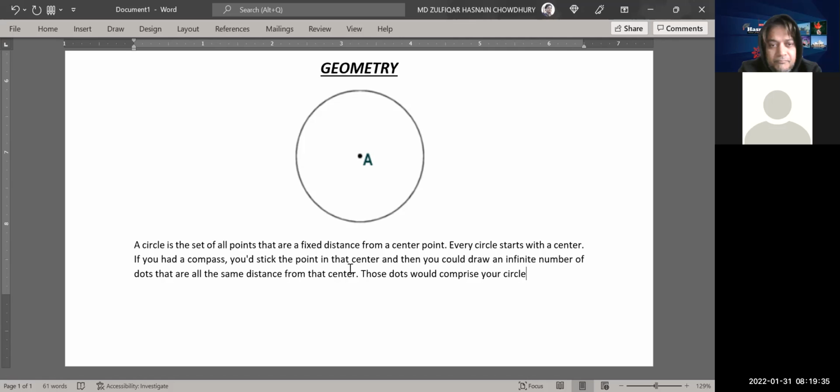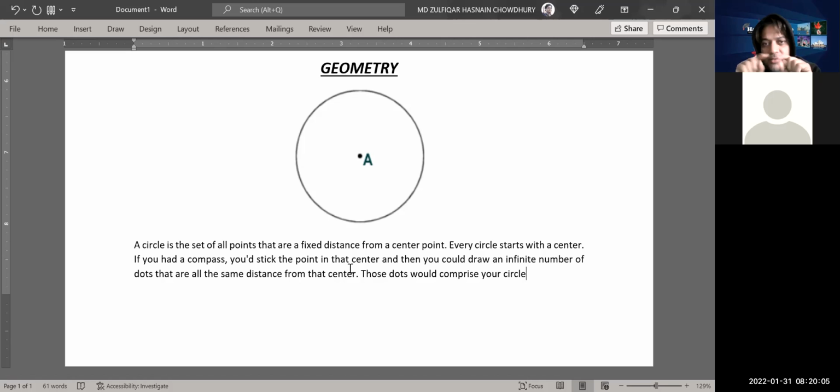So read it. A circle is the set of all points that are a fixed distance from a center point. Every circle starts with the center. So there is a fixed distance from the center point. Point is center. From center A, the distance is same in every direction.